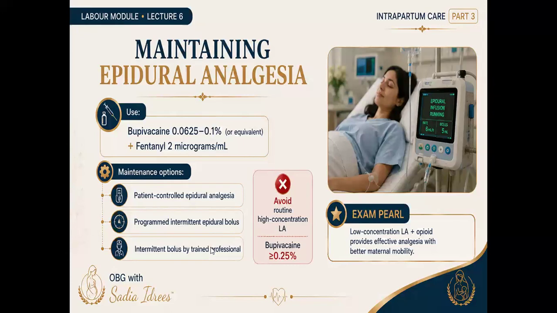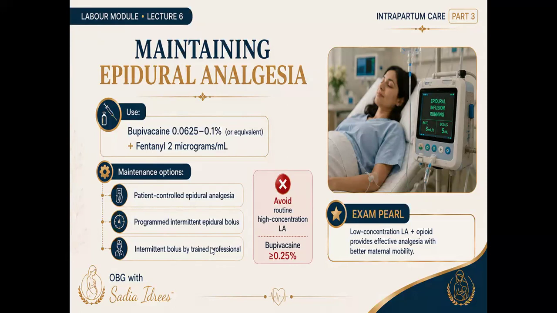And this connects directly with the previous slide where we discussed mobility. Higher concentrations of local anesthetic produce dense motor blockade. Therefore, routine use of high concentration local anesthetic solution, for example, bupivacaine 0.25% or above, should be avoided for labor epidural analgesia. How can the epidural then be maintained?